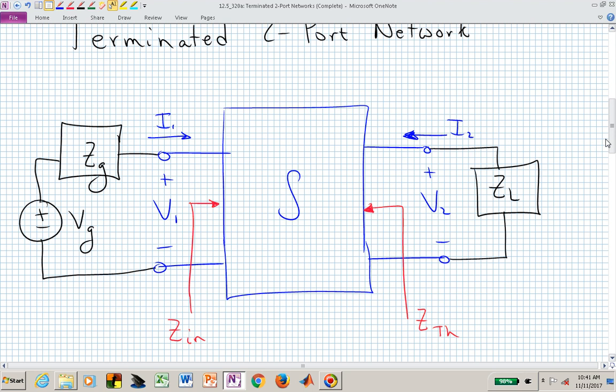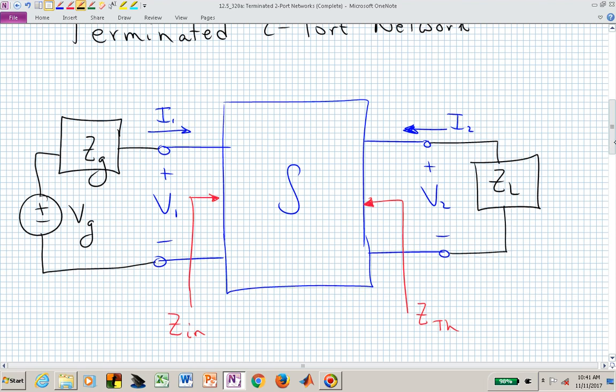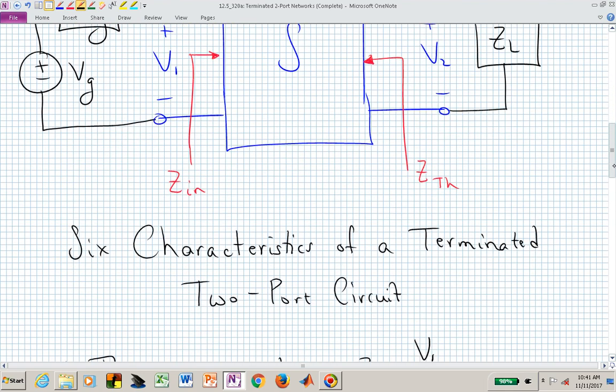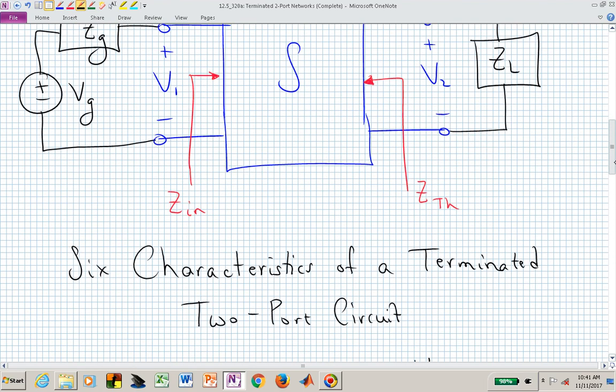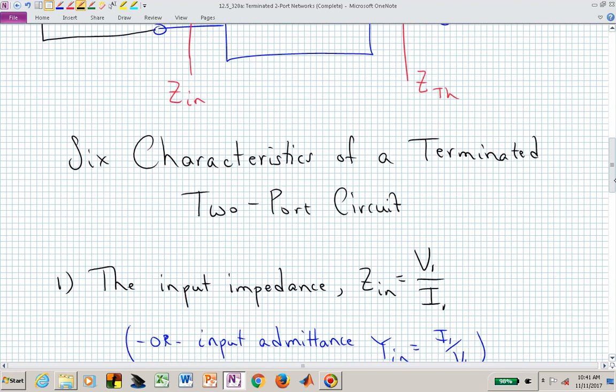Something is sitting in there that relates 2 independent variables of I1, I2, V1, and V2 to the 2 remaining dependent variables. We could try to identify the input impedance, Z sub n, looking into the input port. We could look from the port 2 terminals and find the Thevenin voltage and the Thevenin impedance. Those are some of the 6 characteristics of a terminated two-port that you can find.